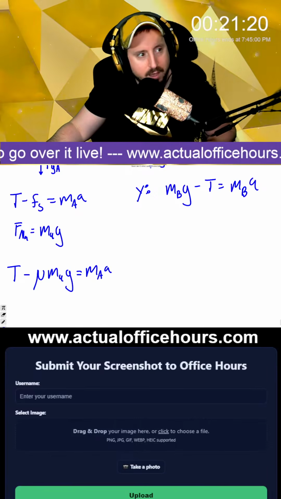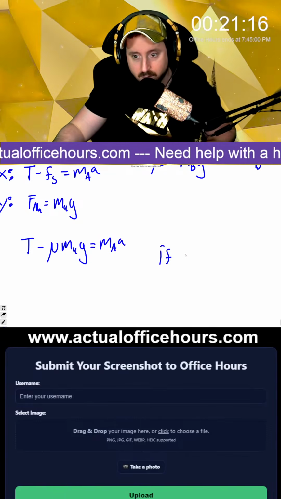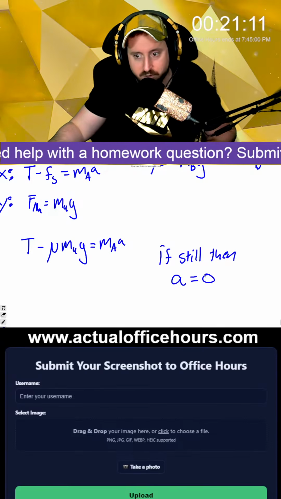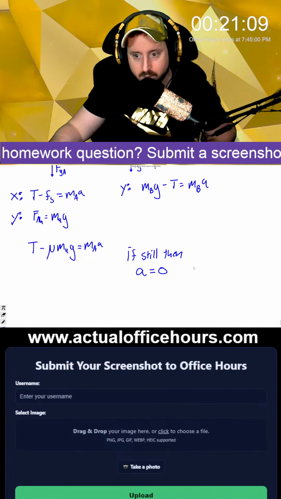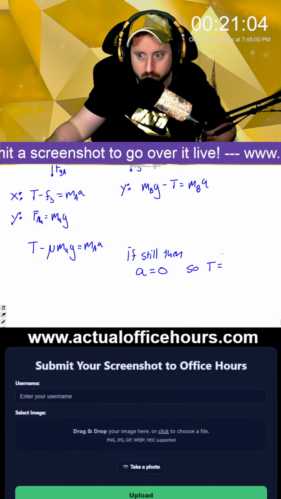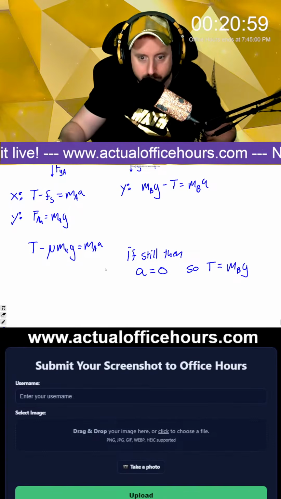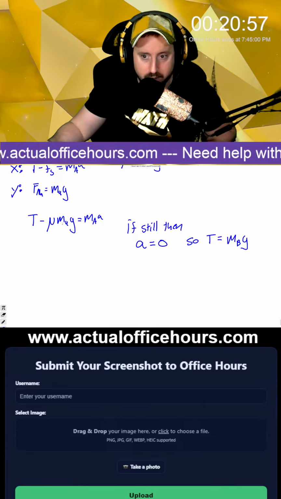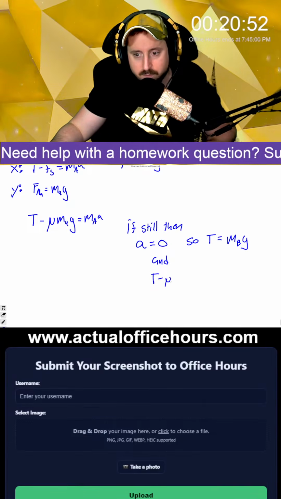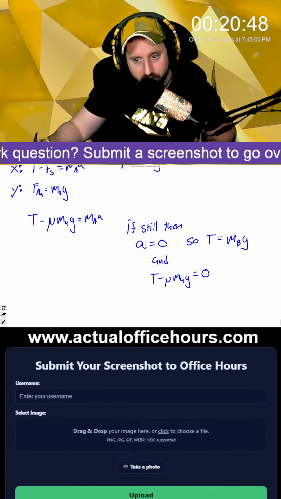So what you would say is that if it's staying still, then acceleration would be equal to 0. So tension would be equal to M_B times g. And then here, T minus mu M_A g would also have to be equal to 0.